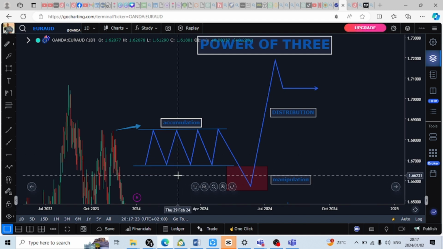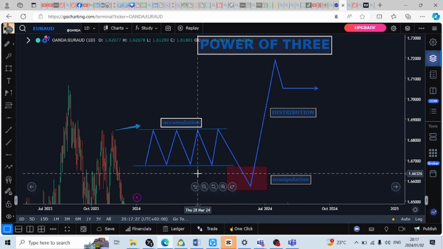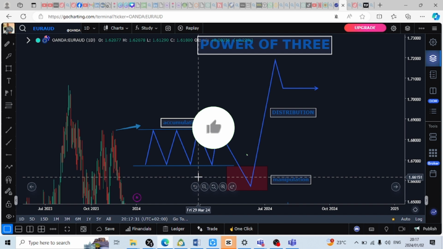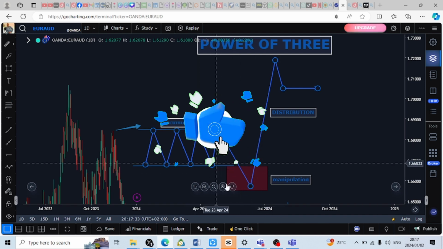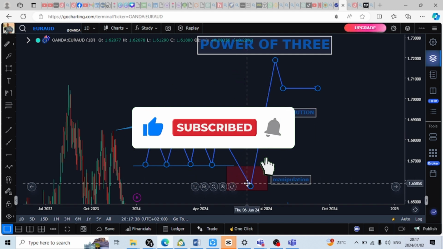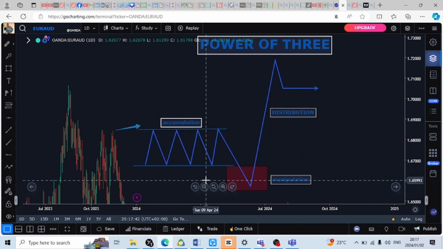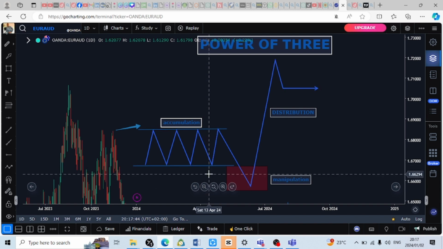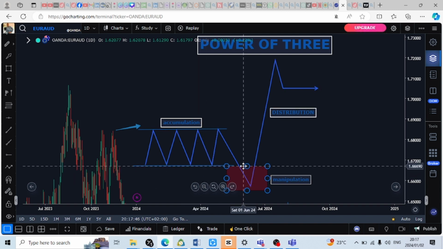So the manipulation is being done so that they can trigger the stop losses and also raid sell side liquidity residing below this consolidation. So basically, that is what is taking place here. After the accumulation, we have manipulation that is being done by smart money traders to get liquidity that was residing below this level, sell side liquidity to be precise.